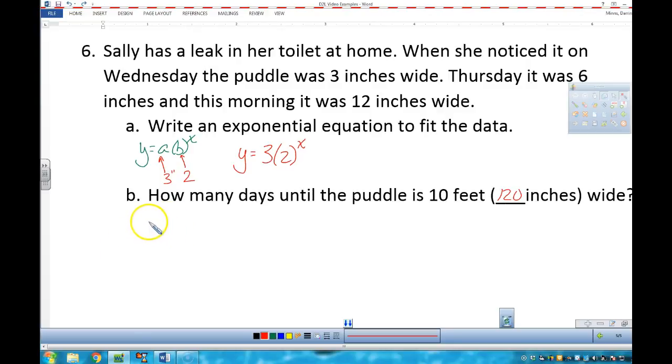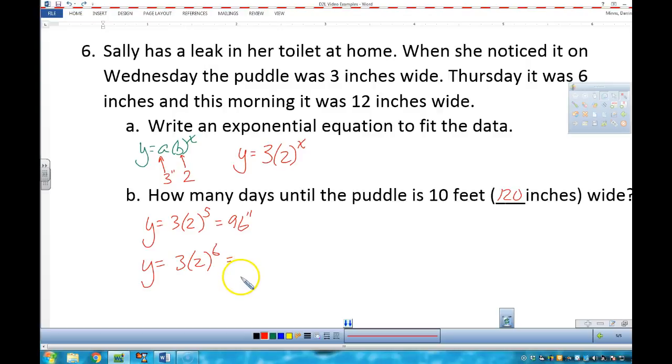I haven't done this yet, but let's say y equals 3 times 2 to the 5th. Let's try 5 days. So plug into my calculator. 3 times 2 to the 5th power gives me 96. All right, 96 inches. I'm not there yet. I bet on the next one I'll be there. Let's try y equals 3 times 2 to the 6th power.